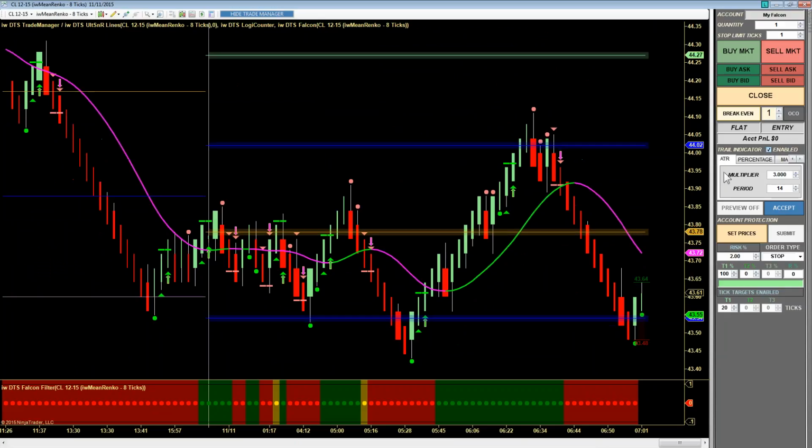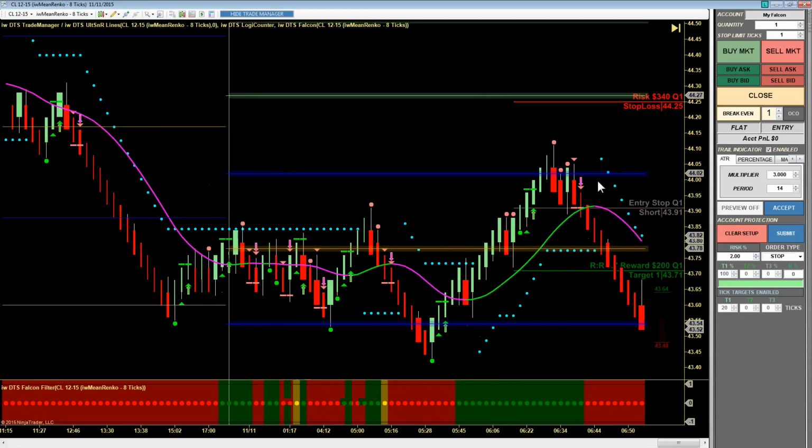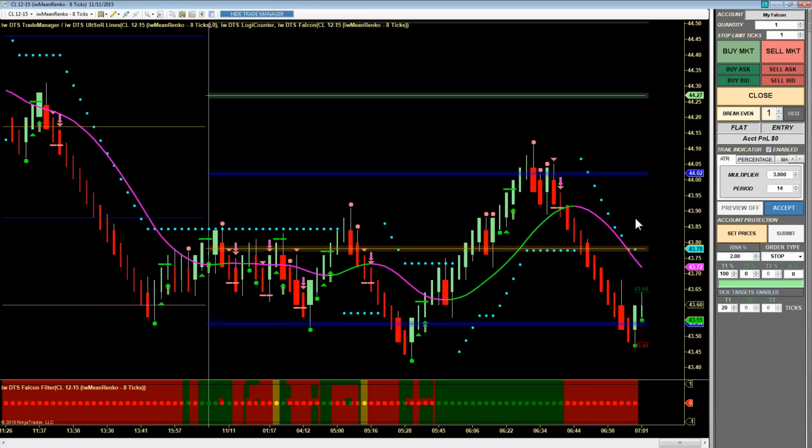And what happens here, I'll show you this in a moment, but let's say we had sold here, placed our stop here, and then these blue dots start to appear. Trade Manager will take our stop and start rolling it according to the selected stop strategy. All right, so that's how that works, and I'll demonstrate that in a moment.